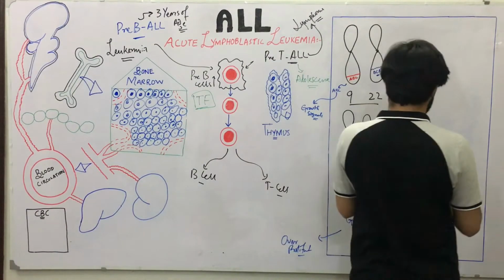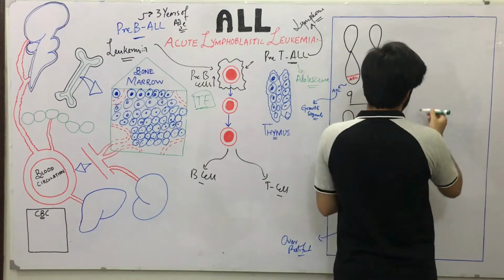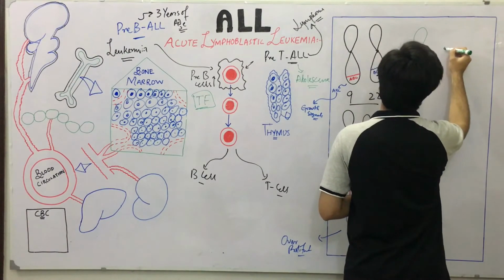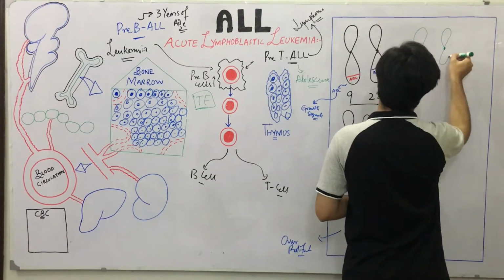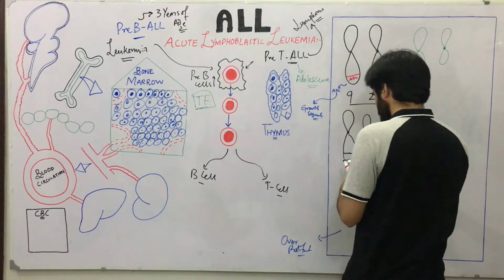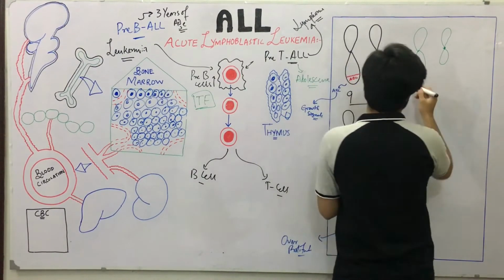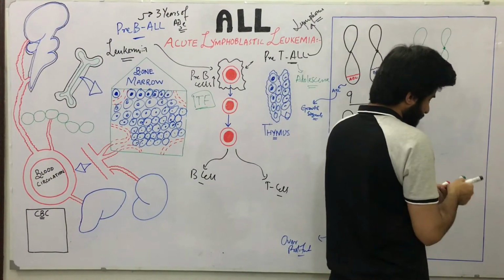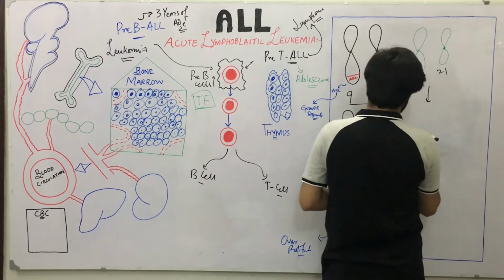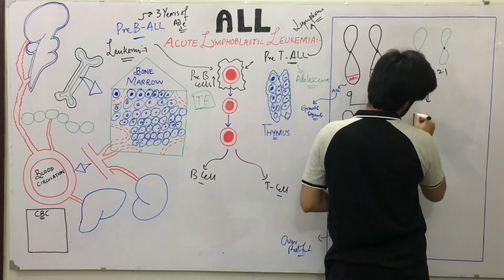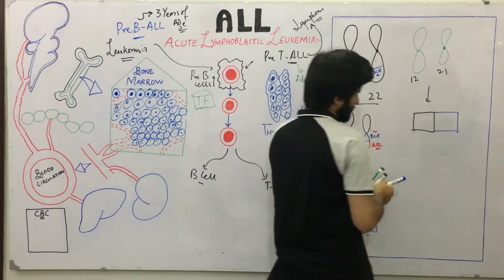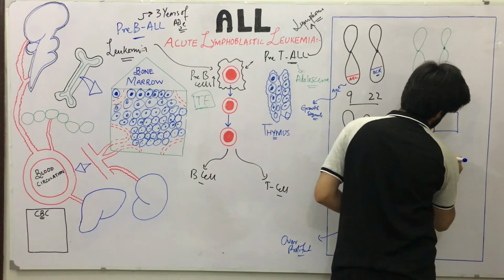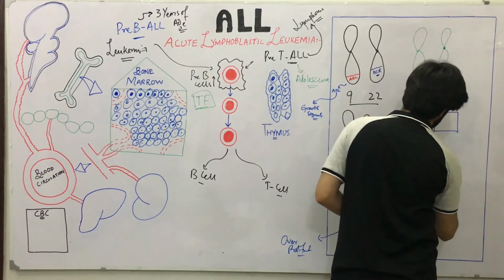There is another translocation which may also be there, and this second translocation is not 9-22 translocation, but it is 12-21 translocation. 12-21 translocation also results in the formation of a chimeric protein, and this chimeric protein is an aberrant or mutated transcription factor.